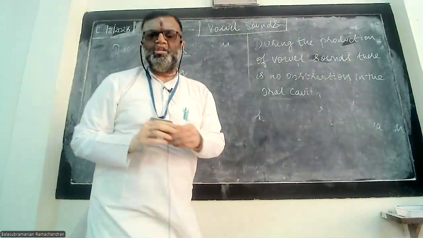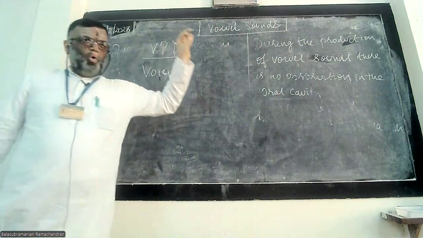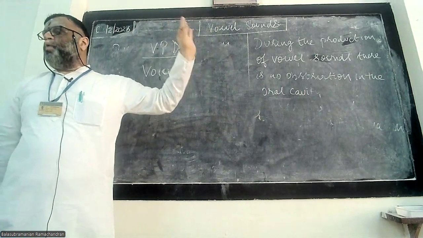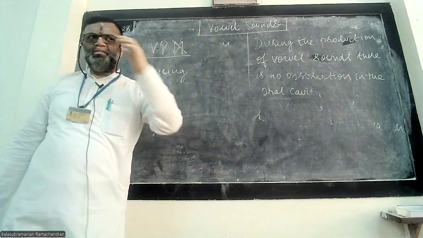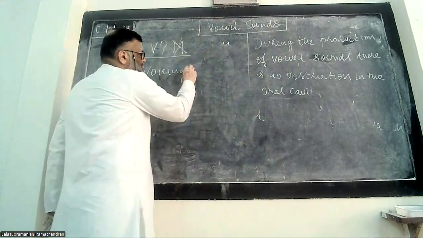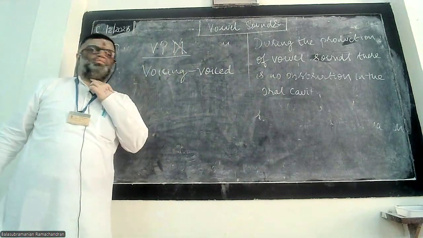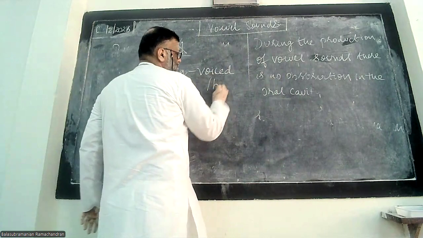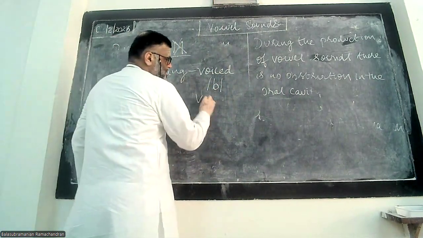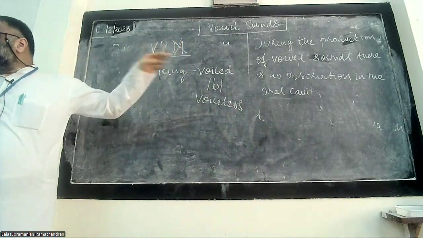Am I right? You're asking me what this voicing is. When I say that a particular sound is voiced or voiceless, then for producing that sound, when I call a particular phoneme or sound voiced, my throat vibrates. When I call a particular sound voiceless, the throat does not vibrate.